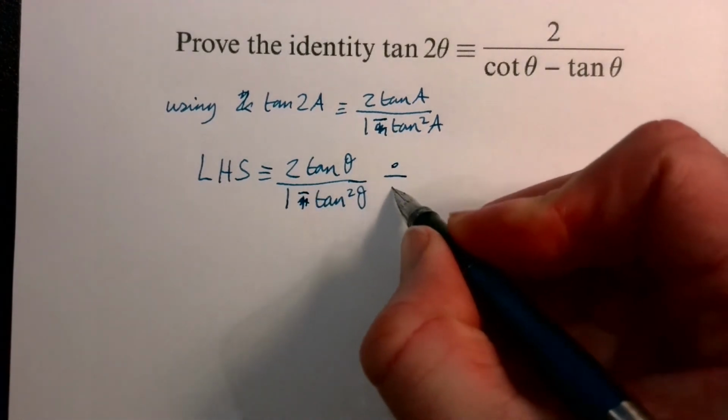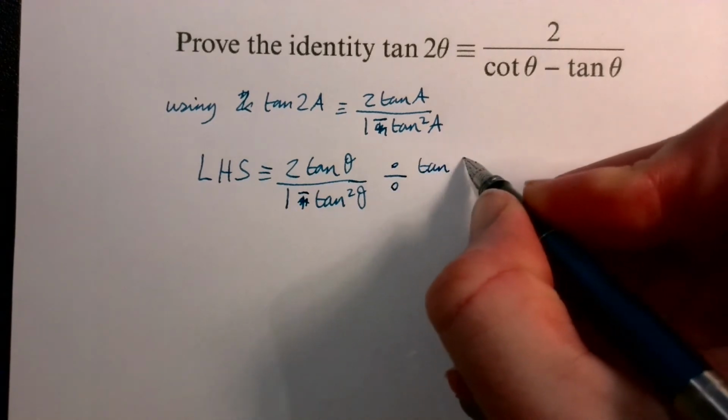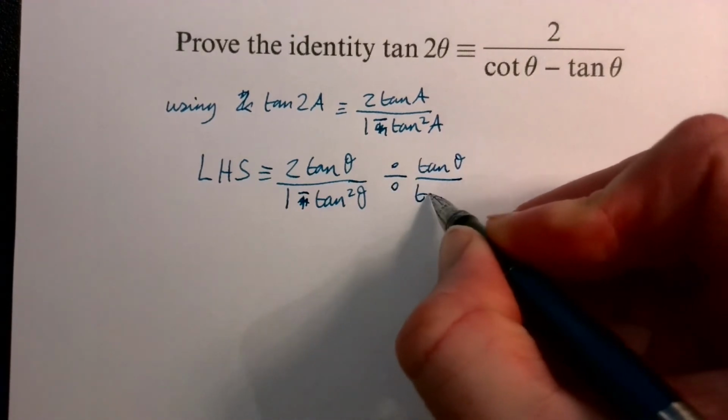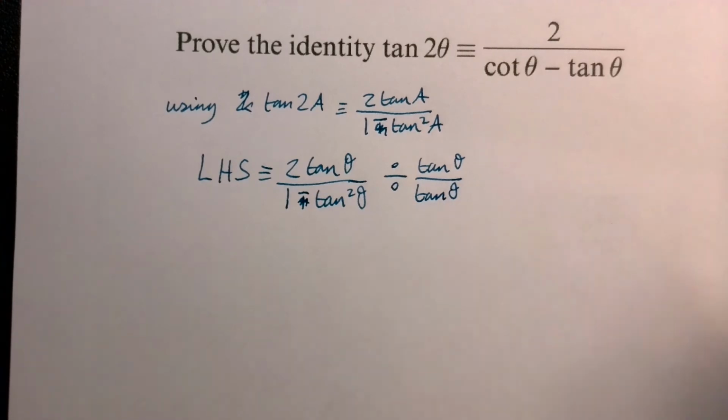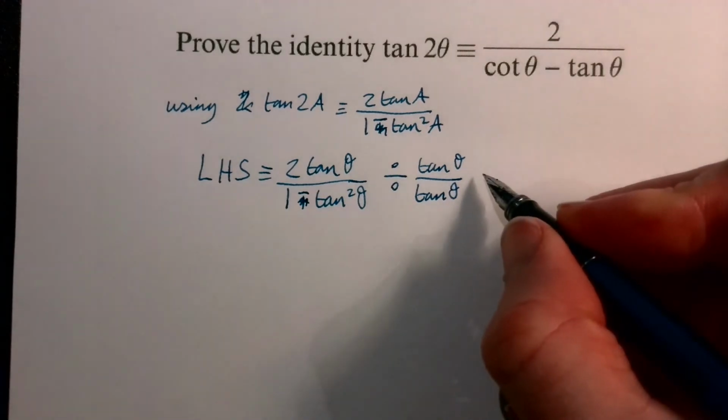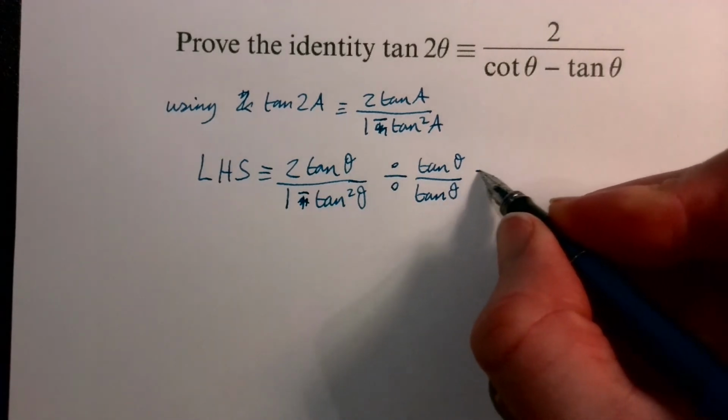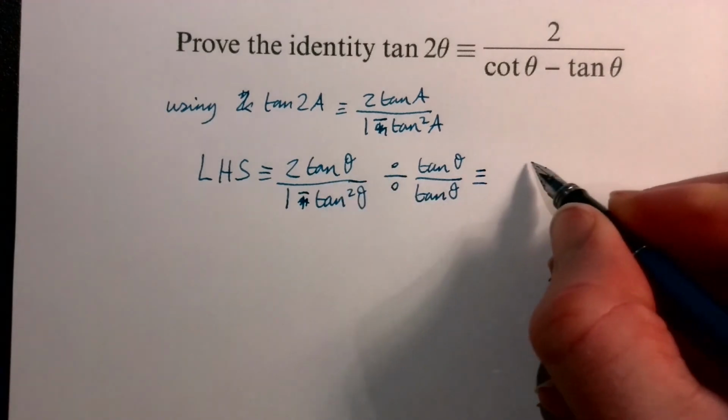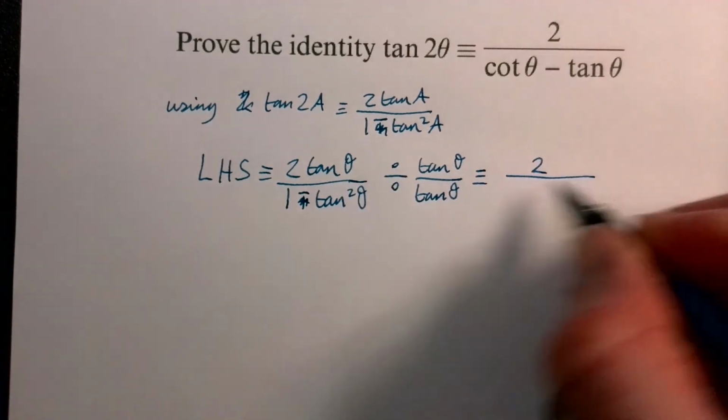So I spot that mistake and correct that there. And then all we're going to do is divide top and bottom by the same thing, because that's an equivalent fraction, isn't it? And if I divide 2 tan theta by tan theta, I get 2.